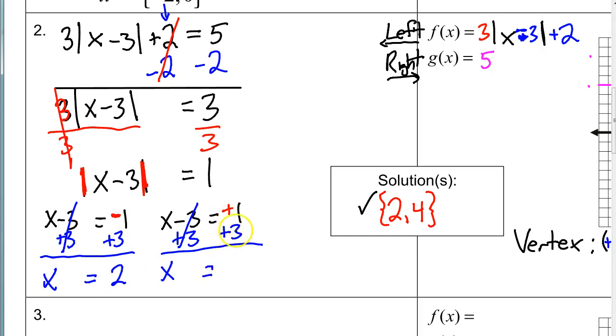X equals 3 plus 1, 4. And of course, those two must match whatever we got off the graph. So we had step 1, right? Step 2 is to divide. Step 3, right? One's positive, one's negative.